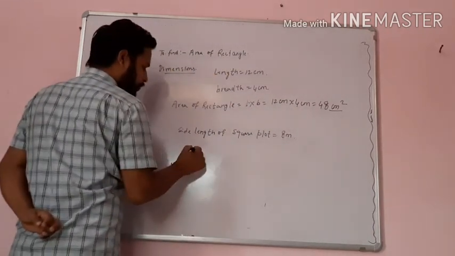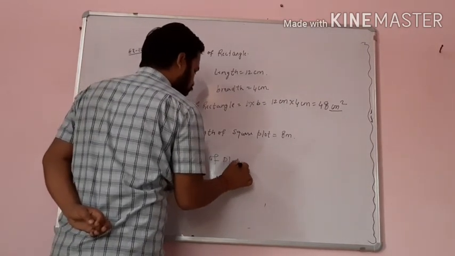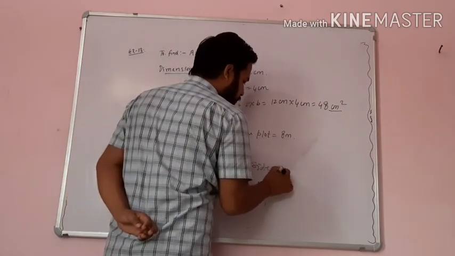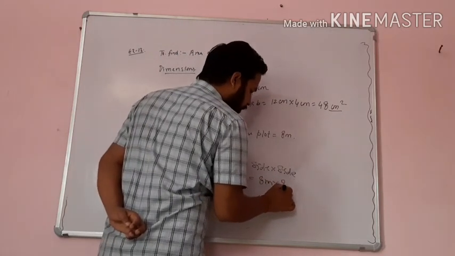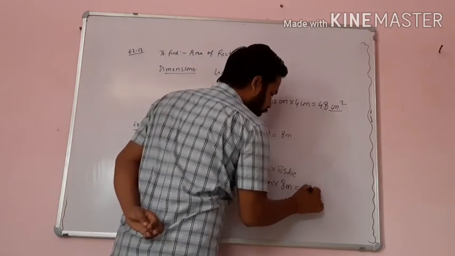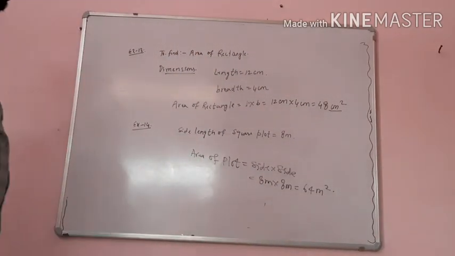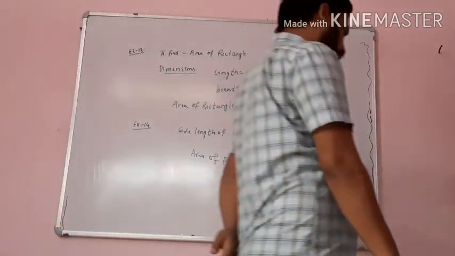So area of plot will be side multiplied by side, 8 meter multiplied by 8 meter, that will be 64 meter square. What will be the area of the plot? Area of plot will be 64 meter square.